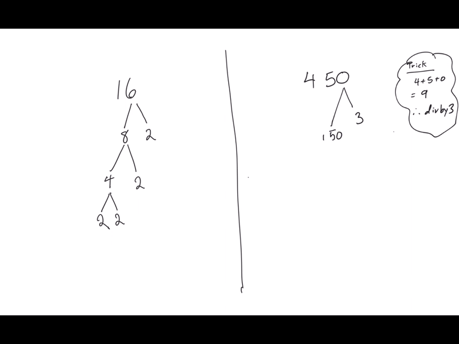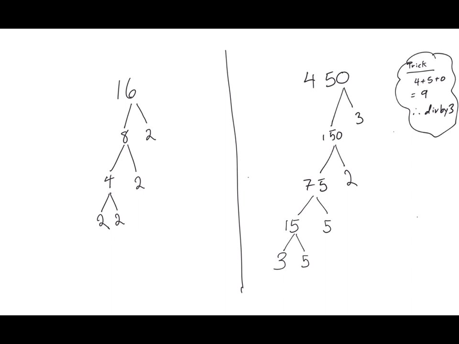Now, 150 is divisible by 2, so let's do that right now. 150 divided by 2 gives 75. 75, because its last digit is 5, we can divide it by 5. 75 divided by 5 is going to be 15. 15 divided by, oh, hey, there's a 5 there. I'm just going to divide it by 5. And then we're left with 3 here.